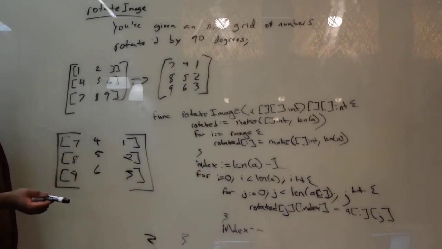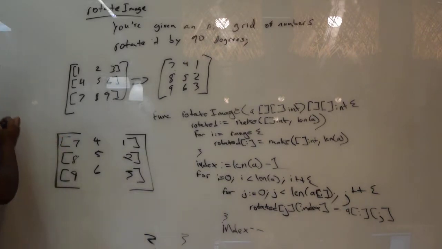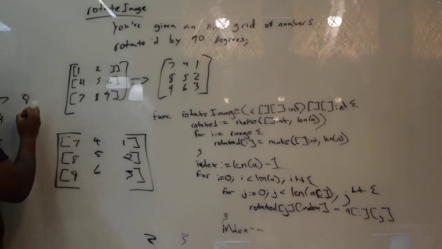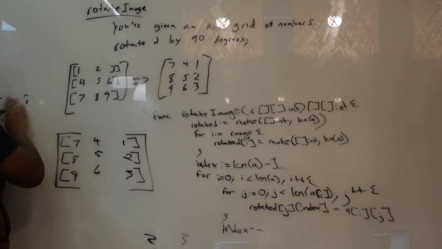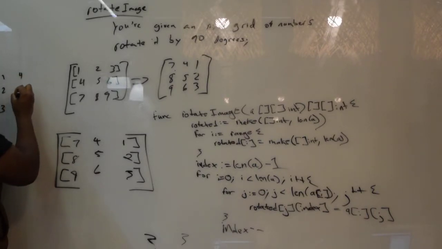So if you did what you said, you would go like this. This is the original, right? With what you said, you would go 1, 2, 4, 3, 5, 7.